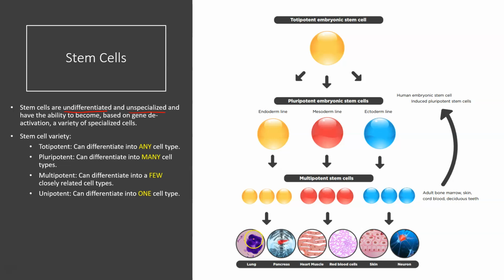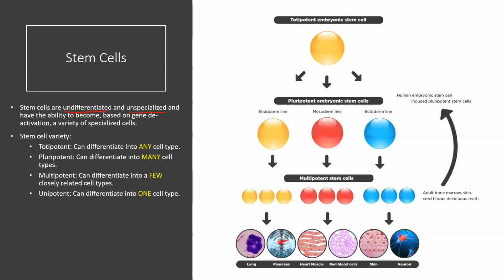So all of our lung tissue cells, pancreas tissue cells, muscle cells, red blood cells, skin cells, neurons, brain cells, and so forth, are all produced through specialization, but they're all produced the first time through from the embryonic stem cells.